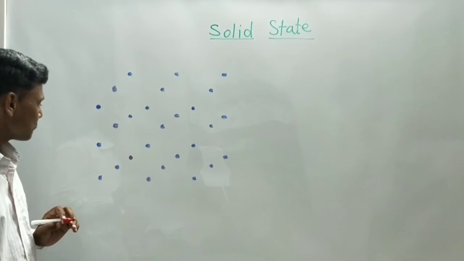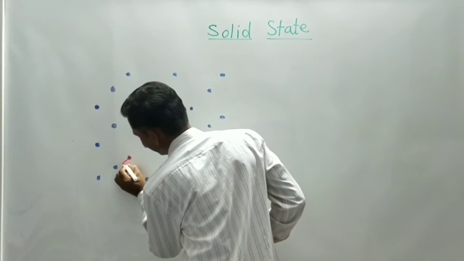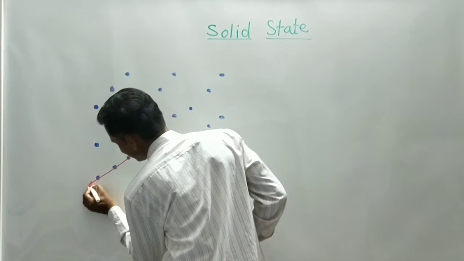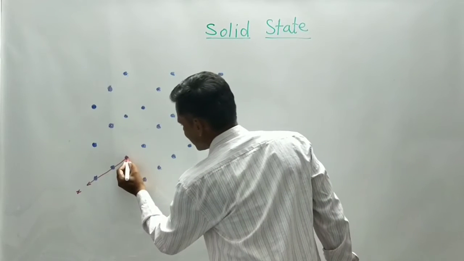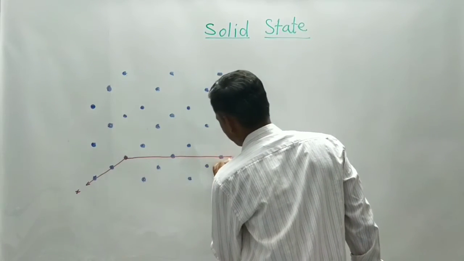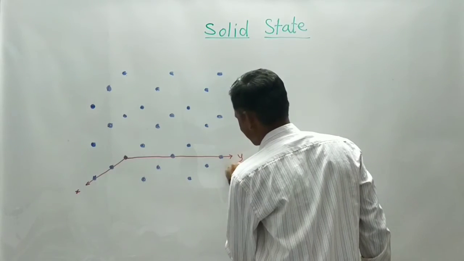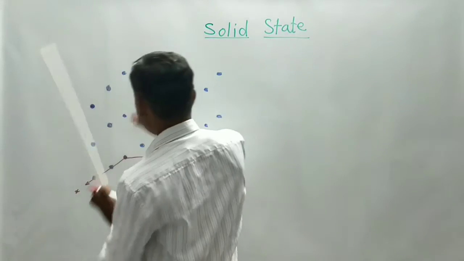From this point, I plot the x-axis in this direction. Now this is my y-axis and this is the z-axis.